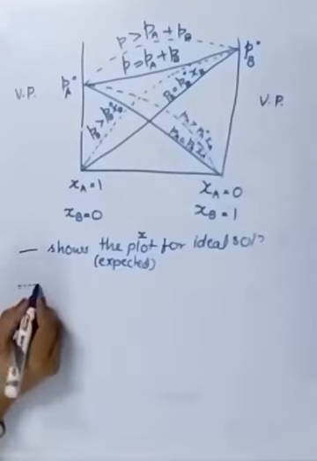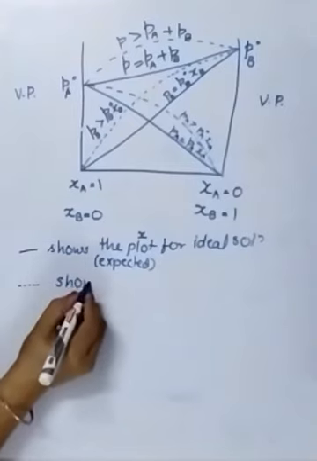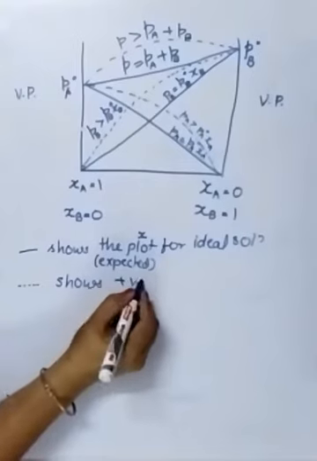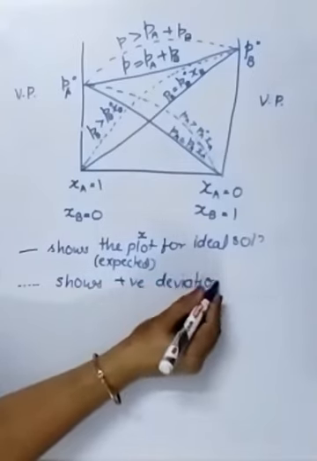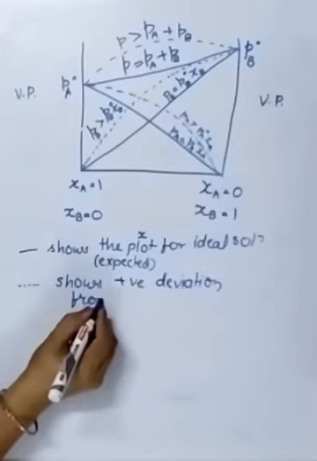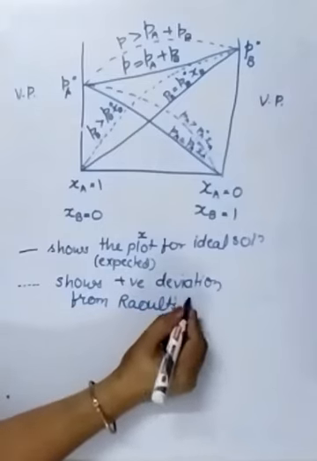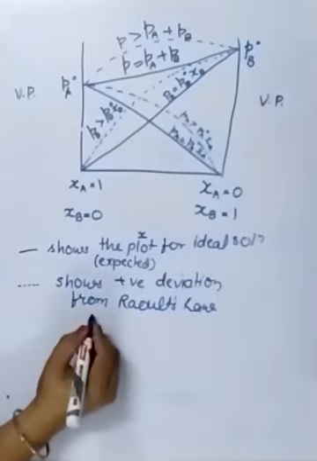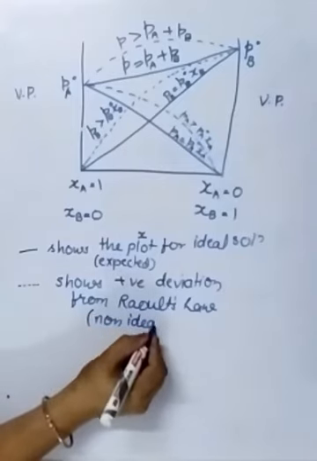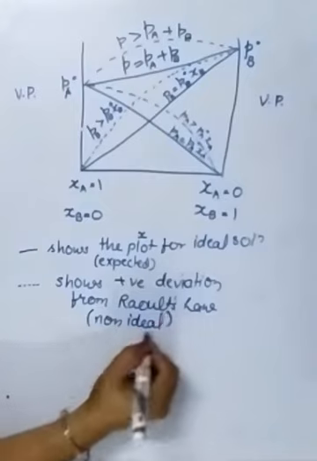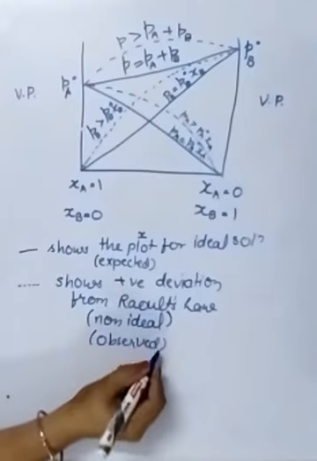But this broken line, dotted line, shows positive deviation from Raoult's law. That means it is for non-ideal solution, not for ideal solution. So it is the observed value, observed graph for the solution.